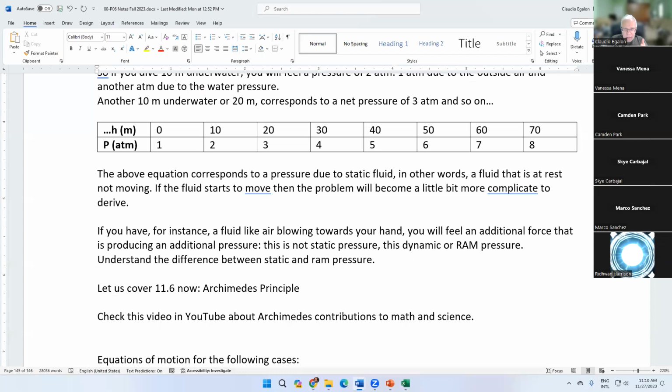And today I wonder what would be of the world if Archimedes had not been killed by that Roman soldier, right? The Roman soldier was under explicit order not to kill him, because the bosses there wanted to have Archimedes on their side, working for them, okay? But unfortunately, he was killed by the soldier, right? I do not know what happened to the soldier. Here you go. Check this video on YouTube about Archimedes' contributions to math and science. This one right here.